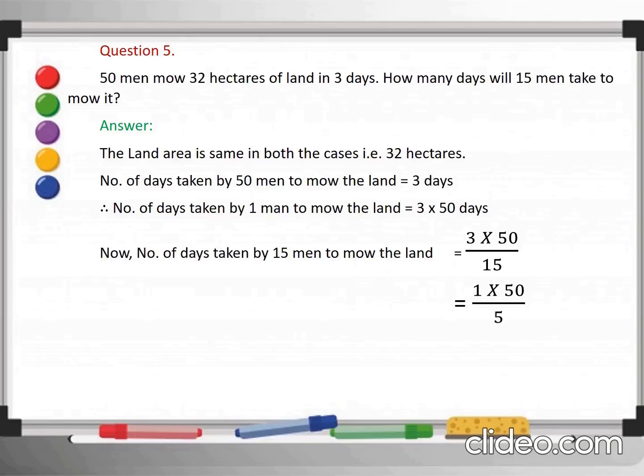So 5 ones are 5, 5 tens are 50, which equals 1 into 10 equals 10 days. Therefore, number of days taken by 15 men to mow the land equals 10 days. Now, next question is question number 6.